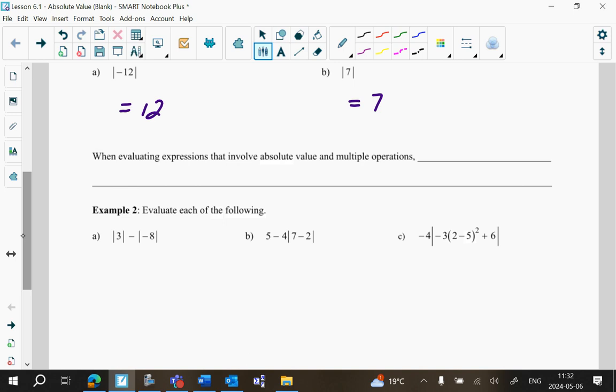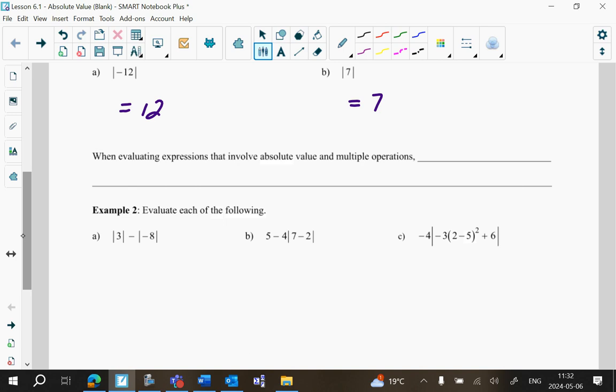And the way you apply order of operations with absolute value is you treat them like parentheses. If you had an expression that had parentheses in it, you'd work inside the parentheses first before doing the stuff around it. Same thing with absolute value. You do all the stuff inside the absolute value and then take the absolute value to make it positive and then work on the other stuff around it.